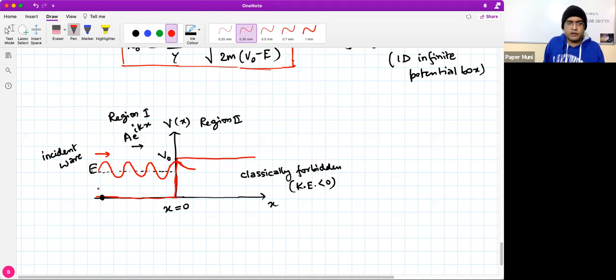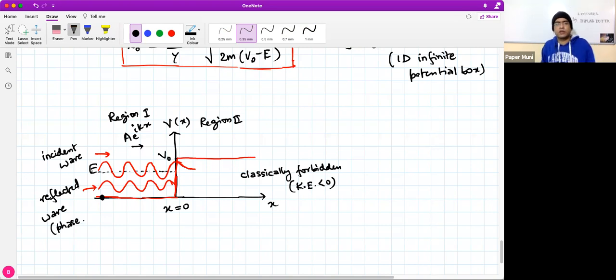The phase is the same, so we have this reflected wave like this. This is not drawn to scale, so don't worry about it. This is the reflected wave, and the phase does not change here because the phases of A and B are the same.